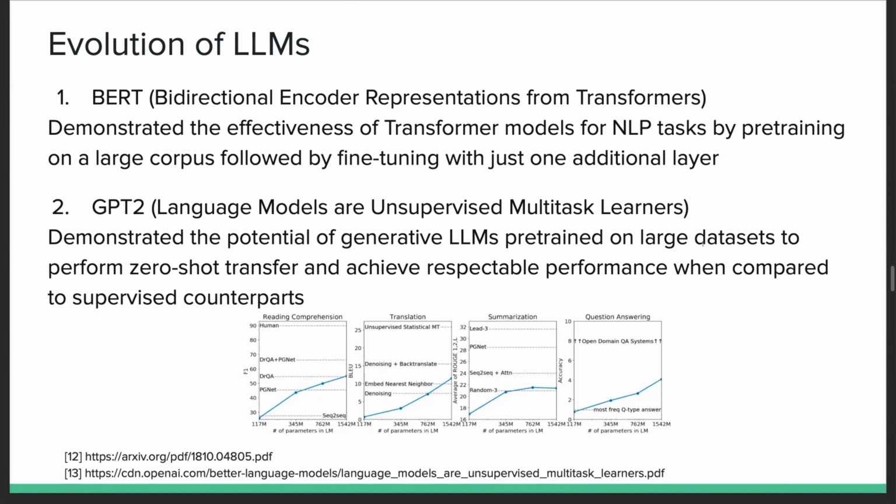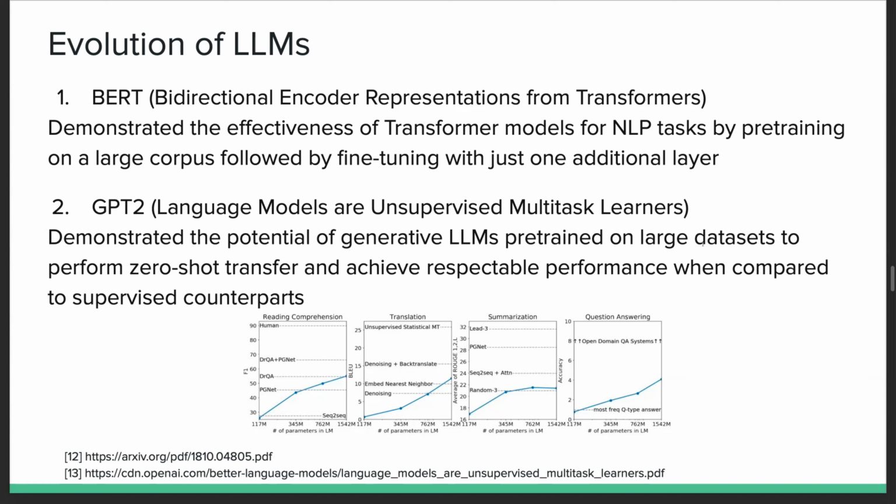I feel like this one is important because it showed that you could essentially do something called zero-shot transfer, which means that if you only pre-trained on unlabeled data sets, and then you ask the model to perform zero-shot reading comprehension or translation, it does all right. It doesn't do poorly, especially for the time, because you would generally expect supervised models to outperform models that perform zero shot anything, right? Because zero shot means they haven't seen training examples.